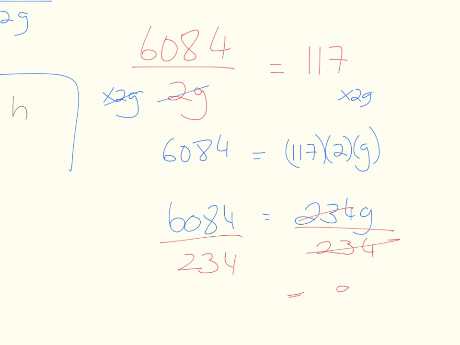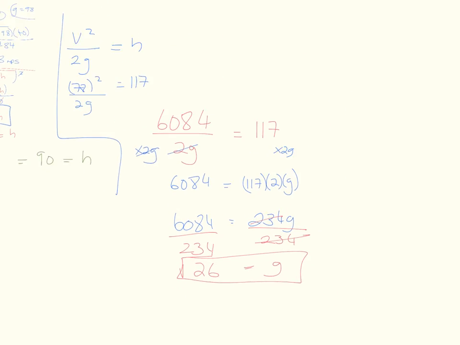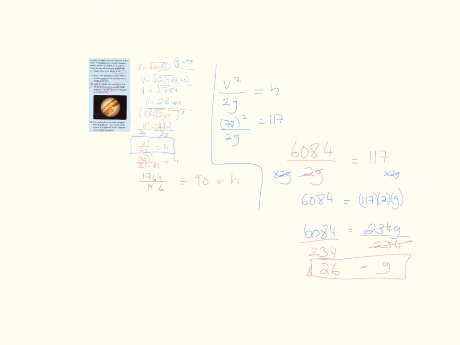And I'm left with g is equal to 6,084 divided by 234, which gives me 26. And so that's that full question done, asking us different parts, a lot of substitution, a bit of manipulating the formula, and then finally solving the question.